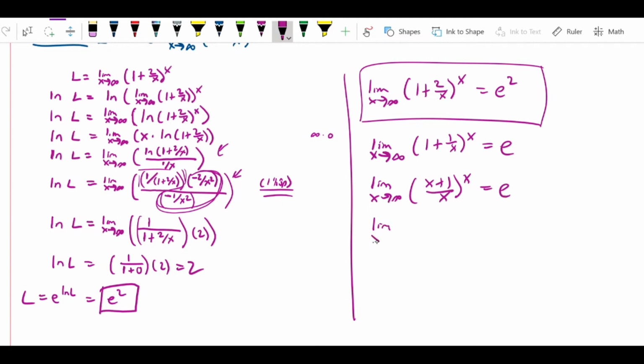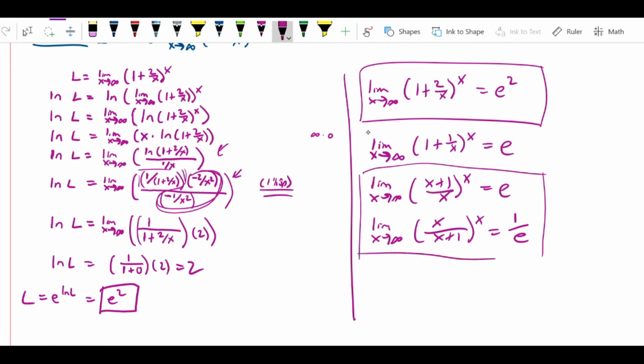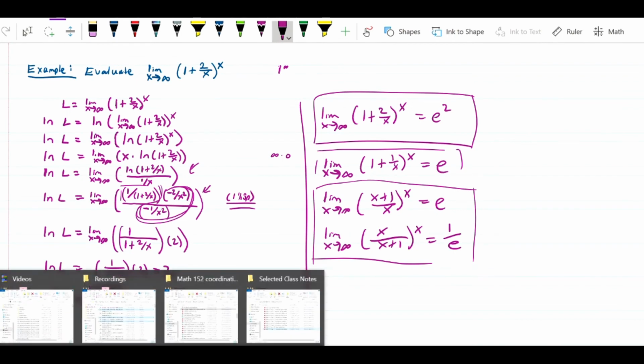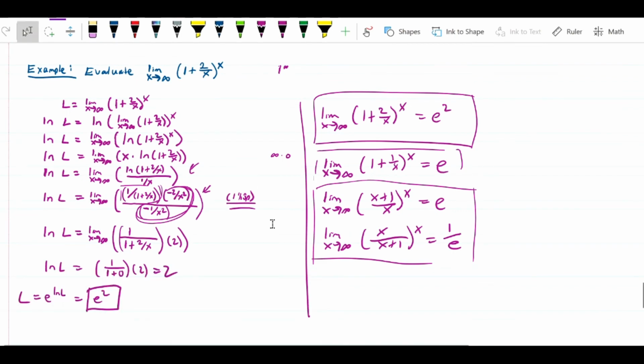And if you turn it around, if I instead write (x/(x + 1))^x, which is another 1 to the infinity form, that equals 1 over e. These facts are worth remembering, but you should also know how to do this operation to find the limit by L'Hopital's rule.